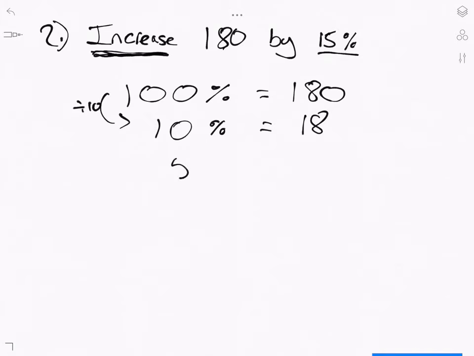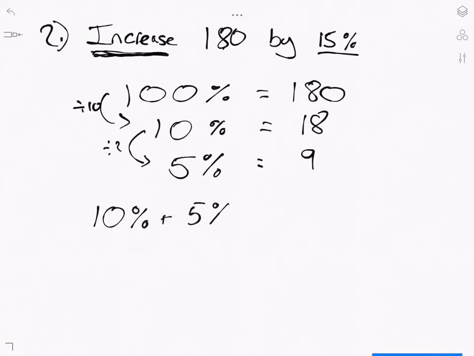And then 5% is half of 10%. So half of 18 is 9. Okay, and then 15% is going to be the 10% add the 5%. Gives us the 15%. So the 10% is the 18. The 5% is the 9. Equals 27.